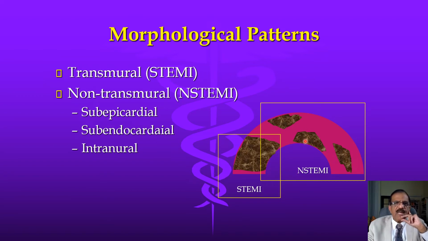This is subepicardial, subendocardial, and intramural. All are collectively non-transmural, and they would result in NSTEMI. So it is important to be able to make the diagnosis of STEMI and NSTEMI because they represent different levels of damage.